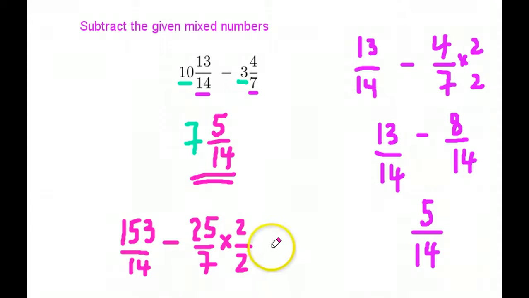Let me remove this part to have some more space.